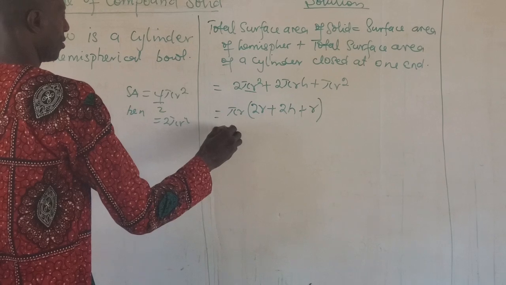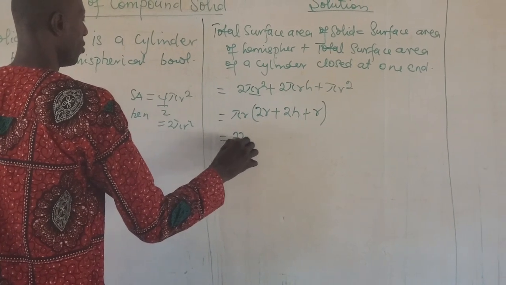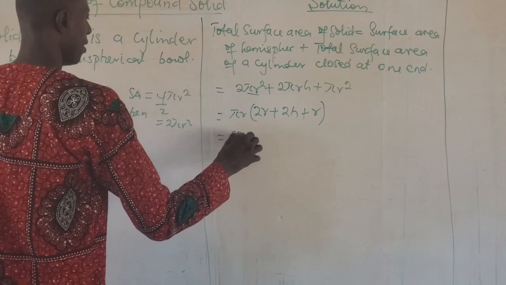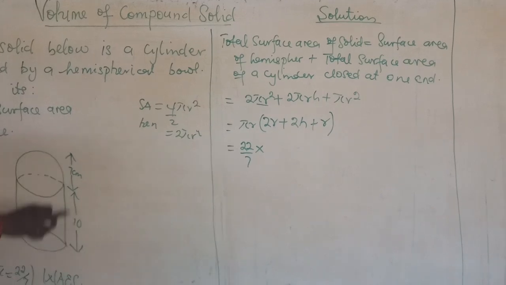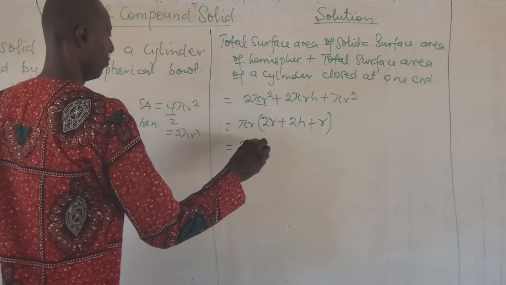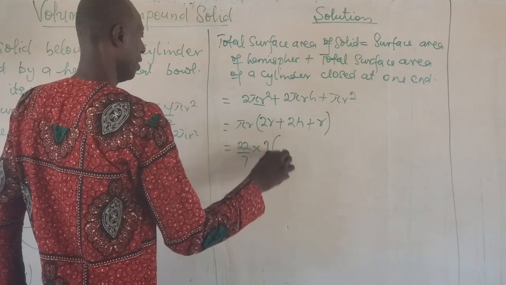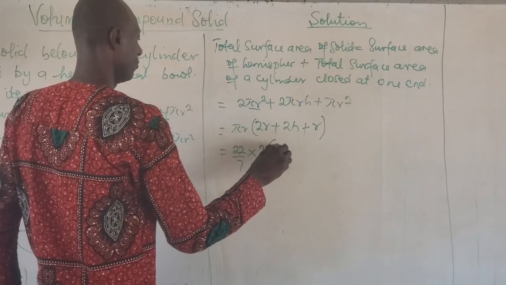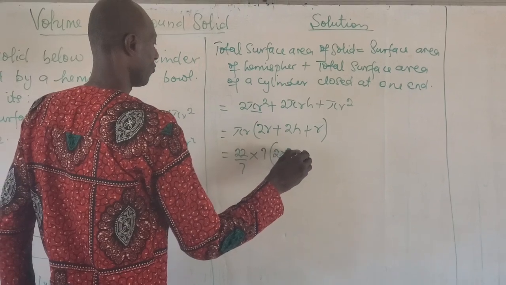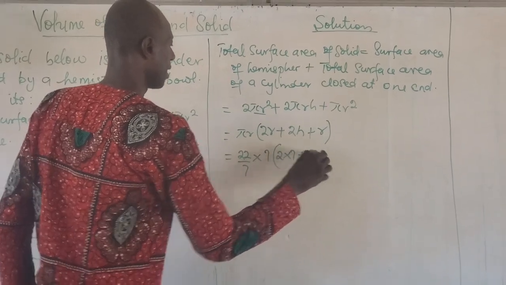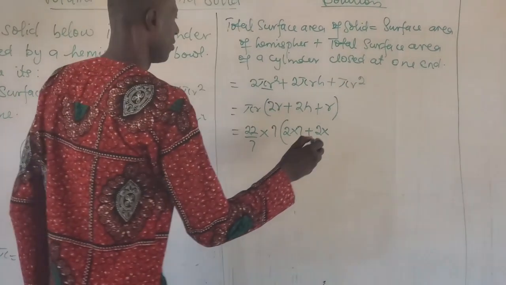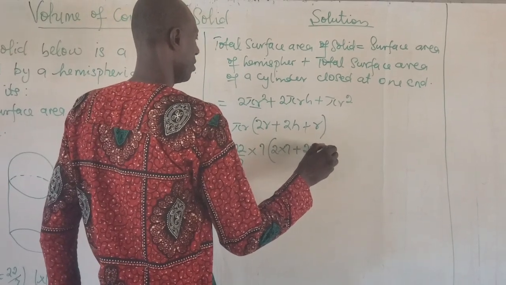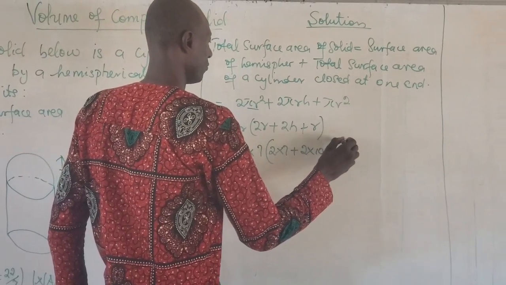Now, let's substitute. The pi in the question is 22/7, and this is the radius of the shape. So here is 22/7 times 7 into 2 times 7 plus 2 times, what is the height? The height is 10. 2 times 10 plus 7.